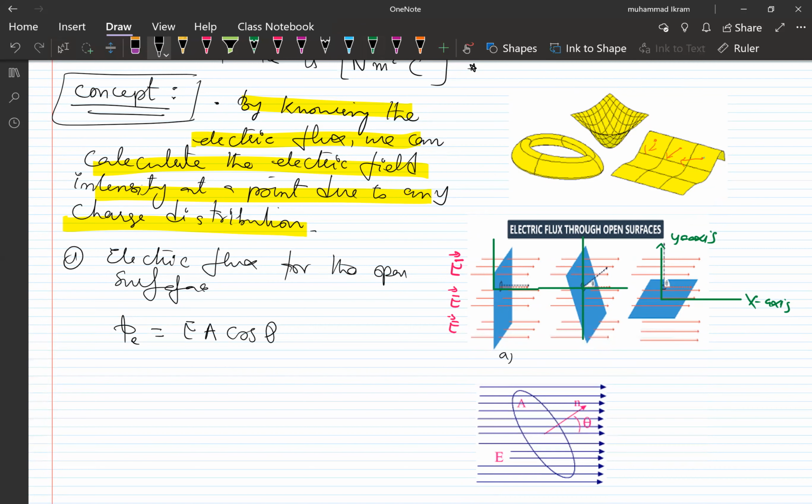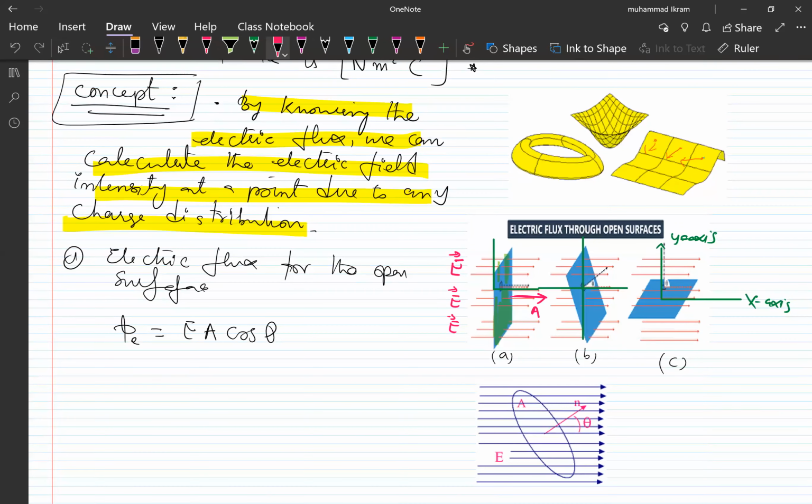So we have case A, case B, and case C. For case A, this is the plane of the area, right? The plane of the area is perpendicular to the electric field lines. And what is the area vector? The area vector is in this direction. Why? Because it is perpendicular to the surface, right?